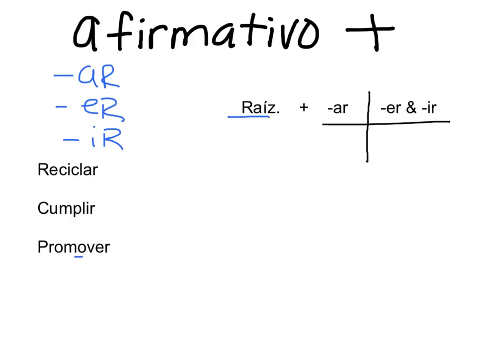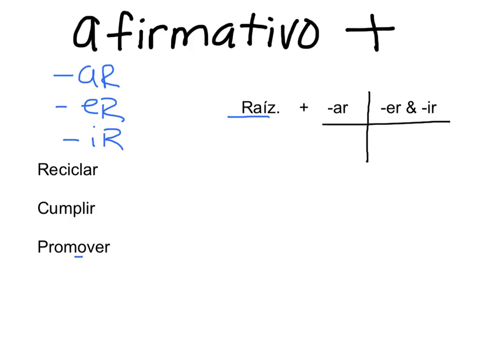So perhaps better than saying it's the infinitive minus the AR, the ER, or the IR, we can say it is the same as the él or ella form of a verb in the regular present tense. So for example, you would say he, él, promueve. So your command for root would be promueve also.